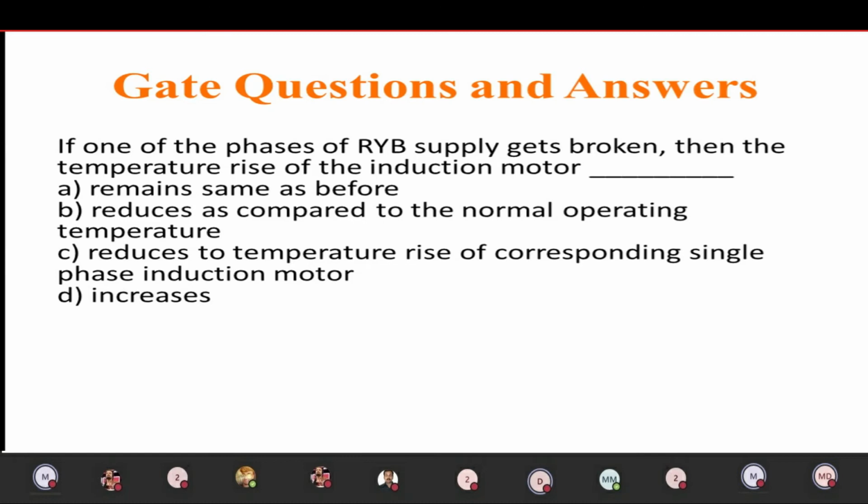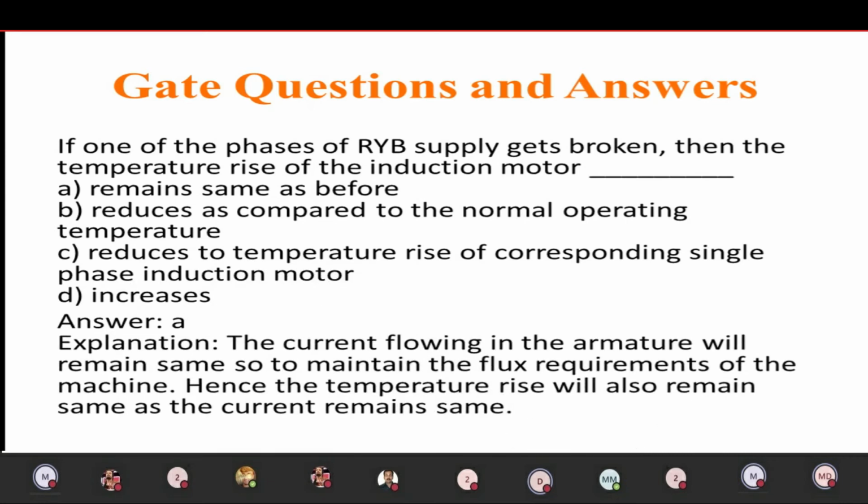But the issue of this problem is the rise in temperature. If the motor is in the running condition, the current flow in the armature will remain the same, to maintain the flux requirement of the machine.